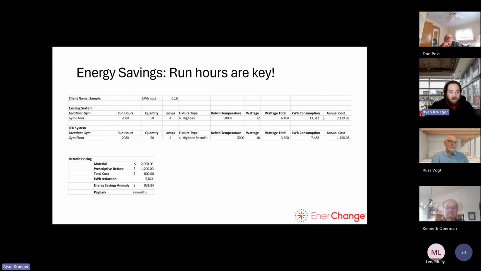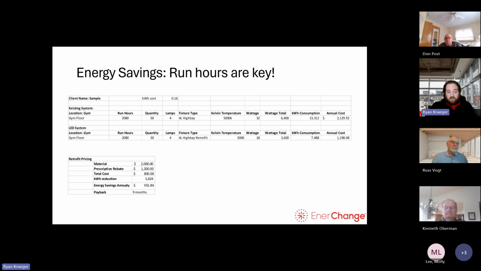And again, run hours are key. For a lot of the congregations we're working with, their congregation is reduced in size, so there's less run hours. But given the application of, say, a school where it's running 6 hours a day for 260 days a year, you're looking at 2,080 run hours. So the payback's significantly faster.